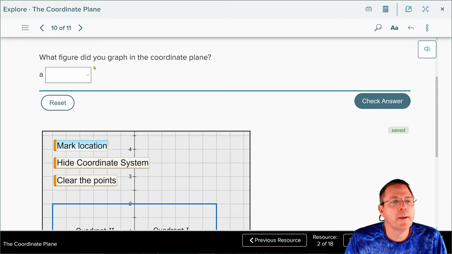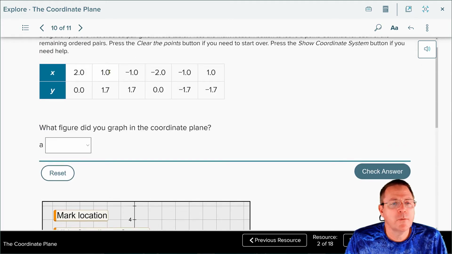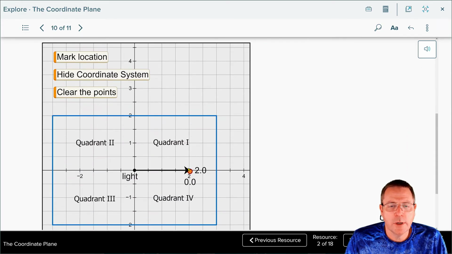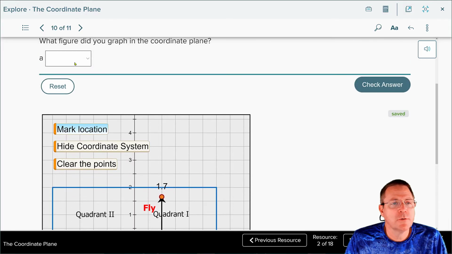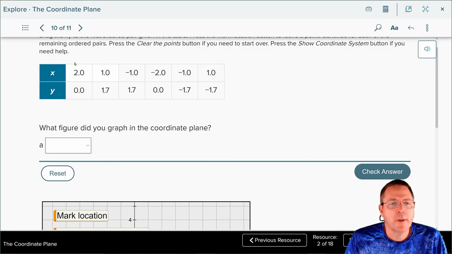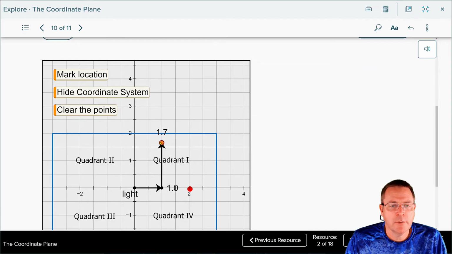Next we have x is 1, y is 1.7, so the fly has wandered back to where x is 1 and gone up to 1.7. We're going to mark that location for our fly. X is negative 1, y is positive 1.7, so we're going to go back to x is negative 1, y is going to be positive 1.7, which is right here.